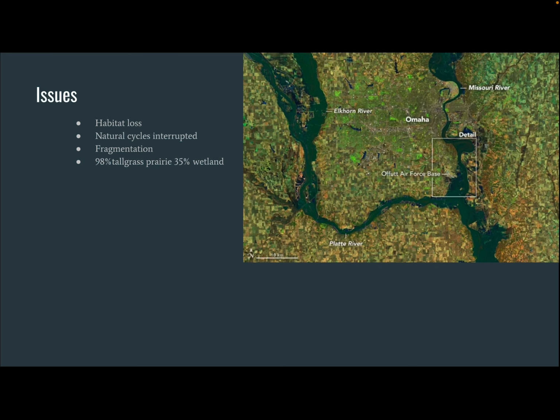And also, with such large rivers near us, we do a lot to try to prevent flooding, which will alter the natural cycle and flow of the river, which is detrimental to the surrounding habitats, and it will interrupt the flooding and burn cycles that this land would normally experience.